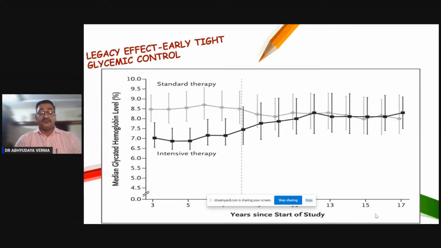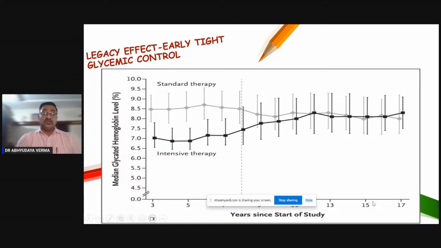Studies have shown that in the early stage, intensive sugar control can help in reducing macrovascular complications in the longer term also. So ultimately, good sugar control from the beginning will help us reduce the micro and macrovascular complications.